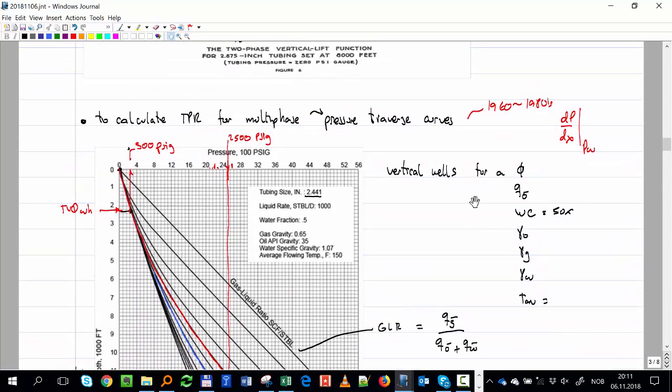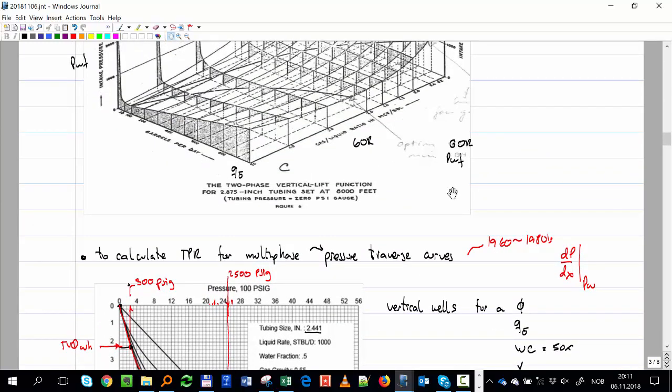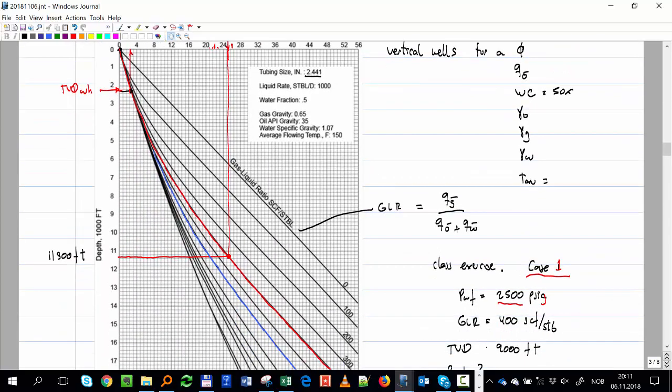Then we said, well, to calculate pressure drop, we can use pressure traverse curves. Someone with a program computed many different cases, changing water cut, changing the properties of the oil, properties of the gas, the temperature, the tubing size, changing everything.